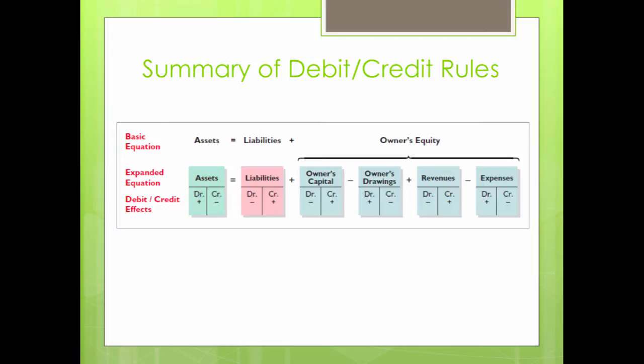And then you will determine if it needs to be recorded as a debit or as a credit on the correct T account. Notice that this visual represents the form of T accounts for the assets, liabilities, owner's capital, owner's drawings, revenues, and expenses. They're in the form of T accounts. And remember that T accounts consist of three parts: the account name and the debit and credit side. Okay?